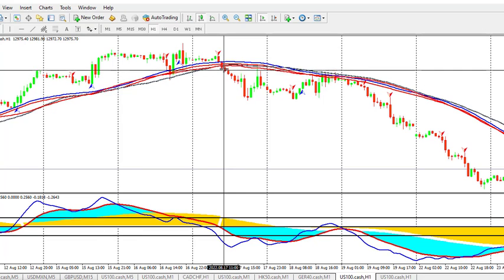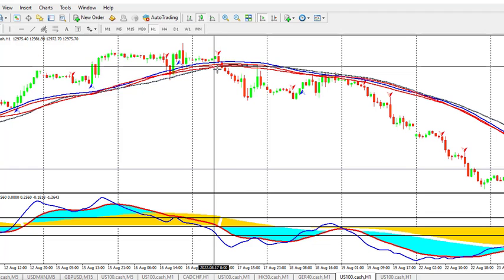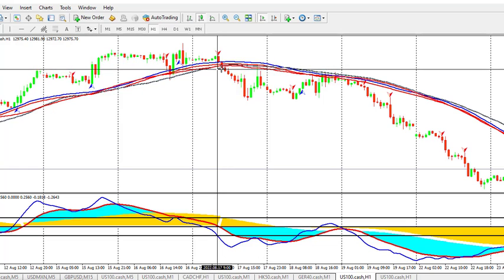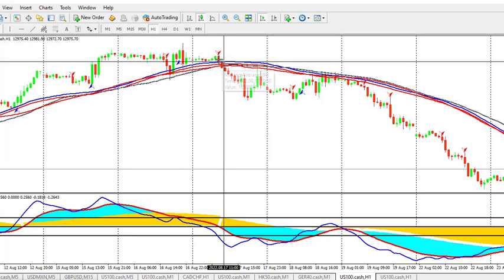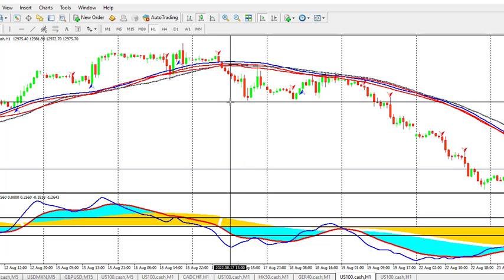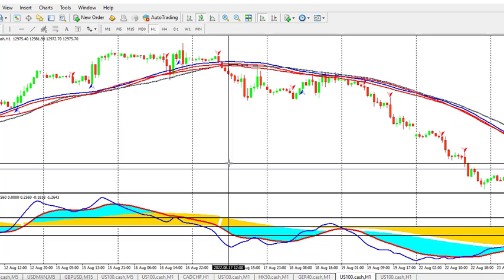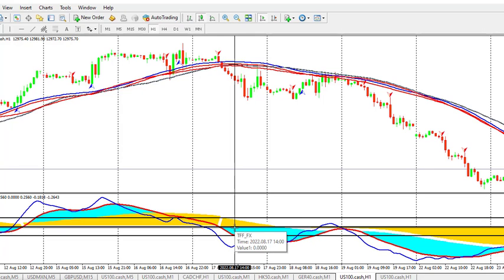Make sure that the candle closes below all the moving averages and the envelope, all these indicators combined together. Make sure the candle closes.